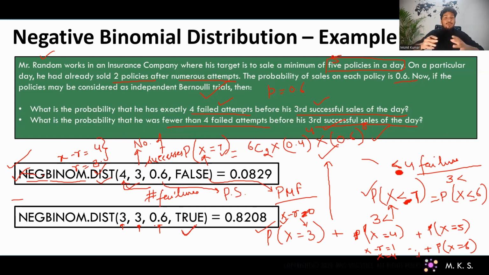And finally, to calculate the CDF, in this case we are calculating the CDF, so here we have to use true. True is for CDF, that's the cumulative distribution function, and false is for PMF. I hope this example is clear to you.